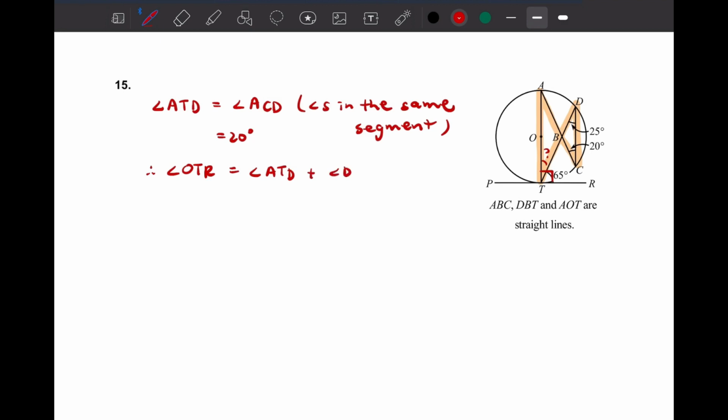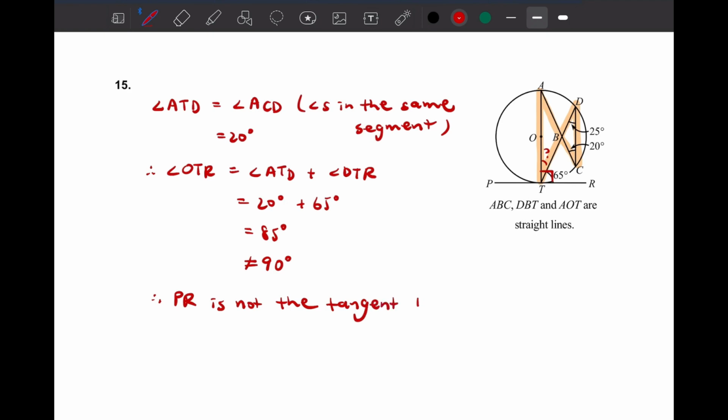And therefore, you can say OTR is equal to angle ATD plus angle DTR. 20 degrees plus 65 is 85. Then you realize it's not 90. So don't panic, because they ask you to determine whether it is a tangent or not. It doesn't have to be, it can be not the tangent.